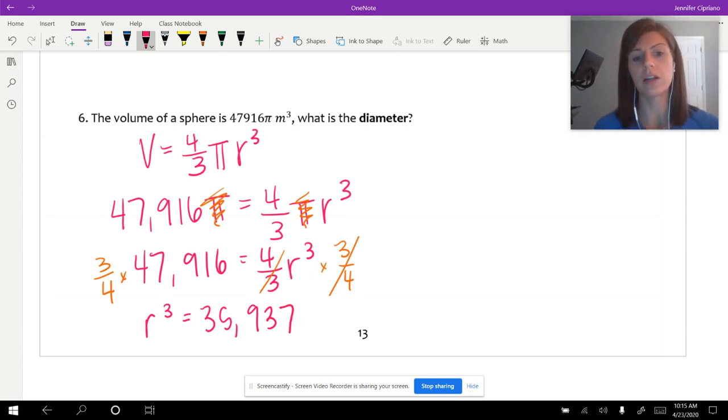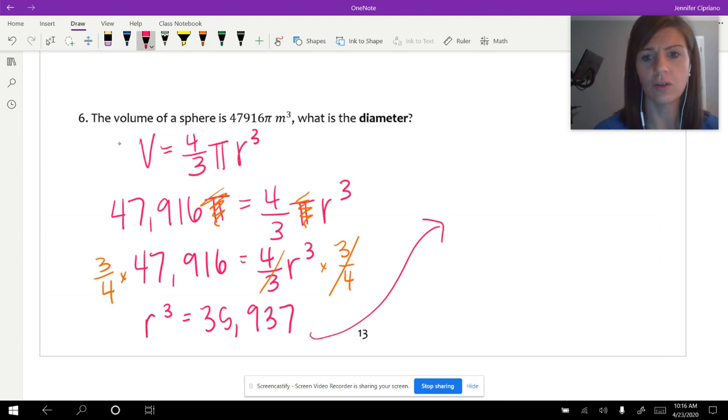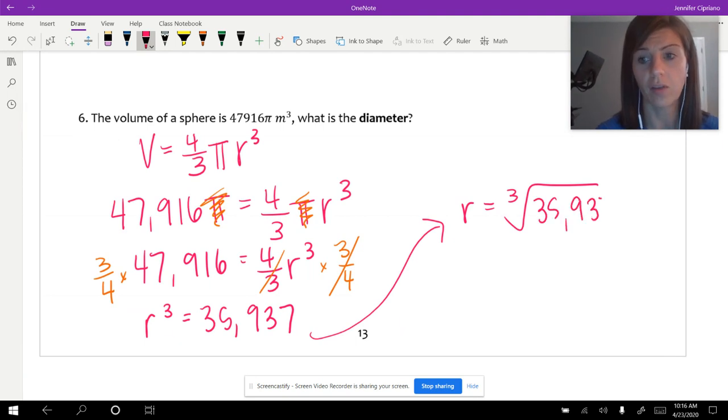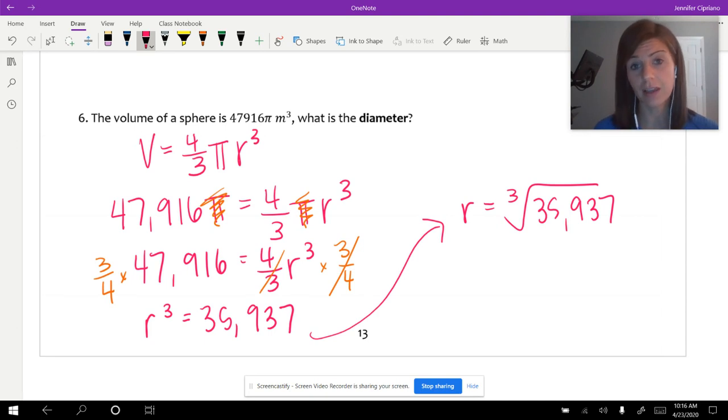So part of the reason that I wanted to do this one together, we haven't done any problems like this where you have a variable that's cubed. So the way that you solve that is to do the cube root of 35,937. If you just have a regular 4-function calculator, I don't believe that those have a cube root button, but your graphing calculators actually do. Just hit math.